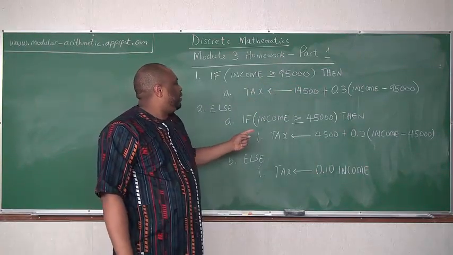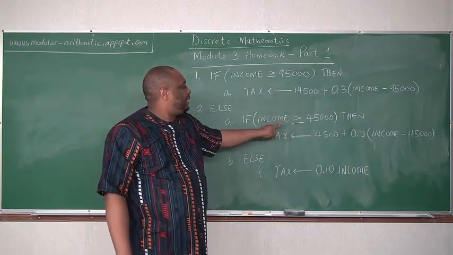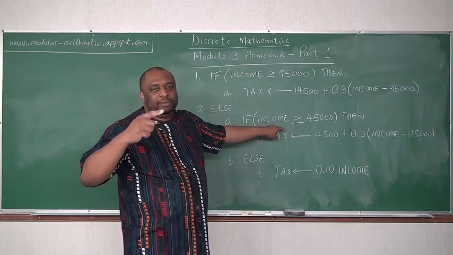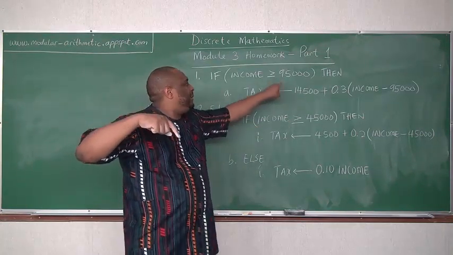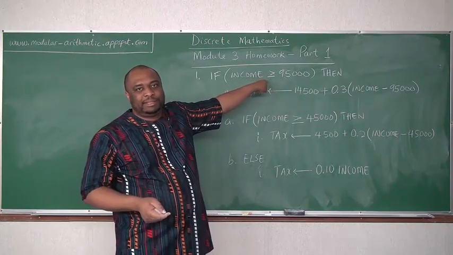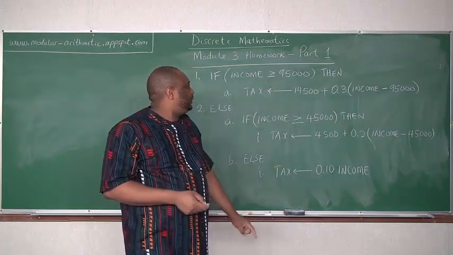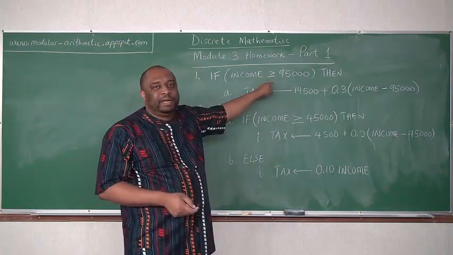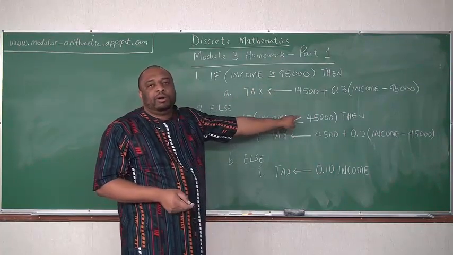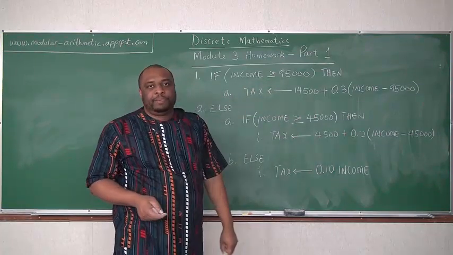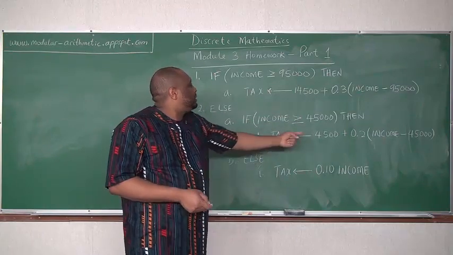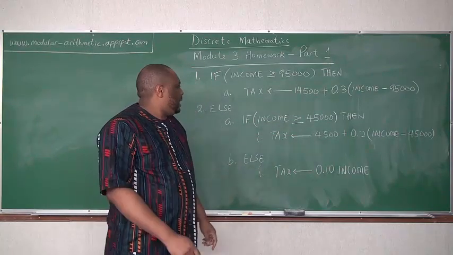If you make 45,000 or greater, but less than 95,000, then this will be your tax.